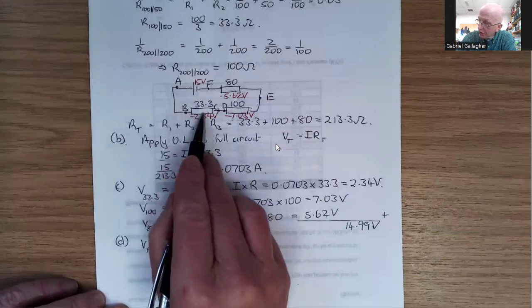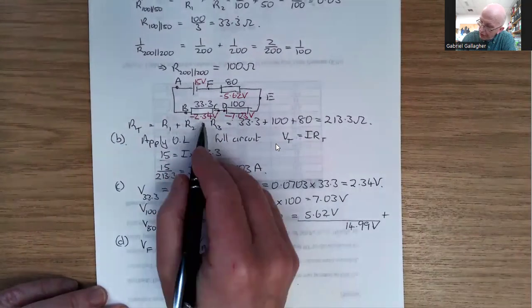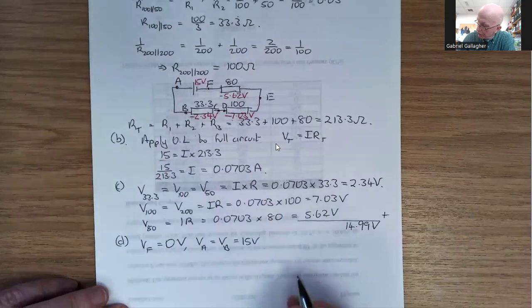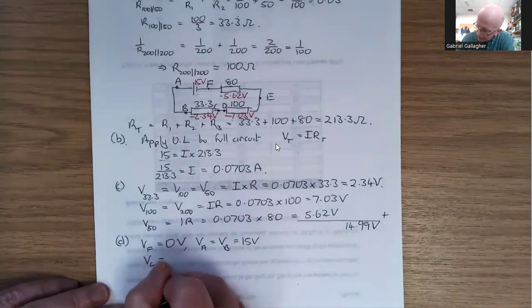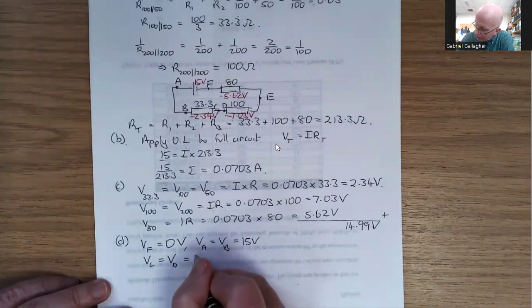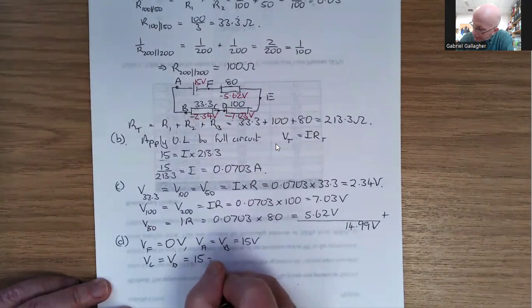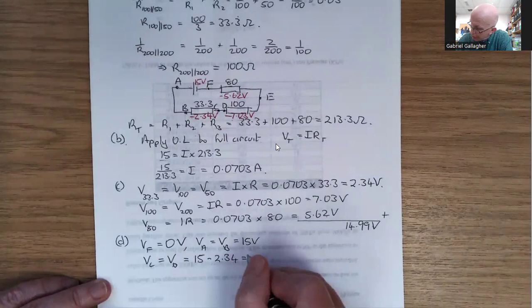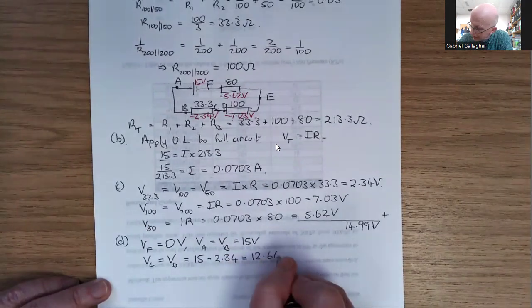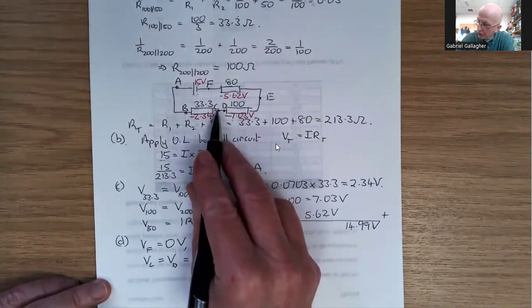Then the current loses energy going through that first resistor. So the amount of energy it loses is 2.34 volts. So VC equals V at D, and that equals the 15 that it has at point B minus 2.34. And a bit of maths, 12.66 volts at that point.